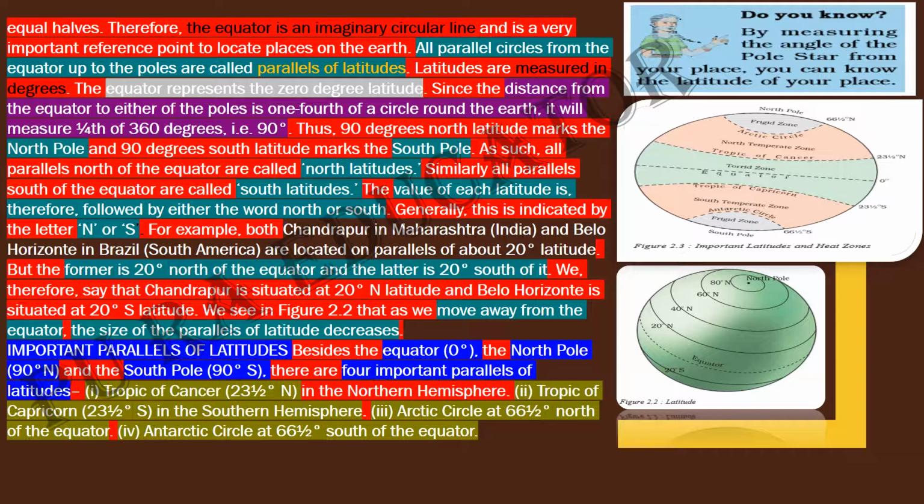It will be very difficult for us to locate Chandrapur or Belo Horizonte on the globe or Earth. So if we mention 20 degree north and 20 degree south, then we will easily get to know that 20 degree north is for Chandrapur in Maharashtra and 20 degree south is for Belo Horizonte. Then it will be very easy for us to place it on the globe or Earth.